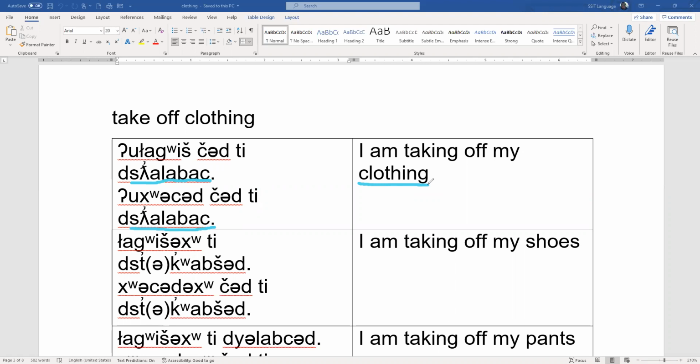So you guys understand I'm saying clothing. Skalabats. There's a southern accent in there, and I'm saying clothing.